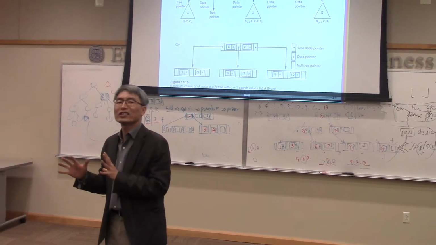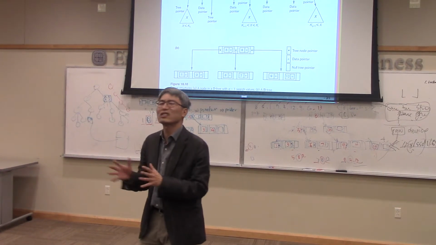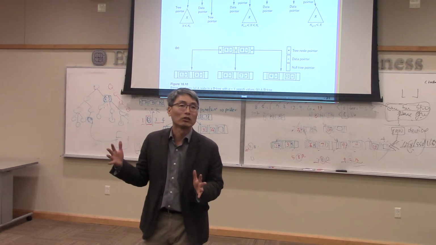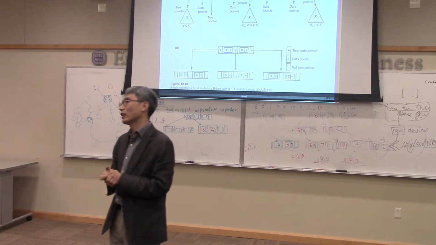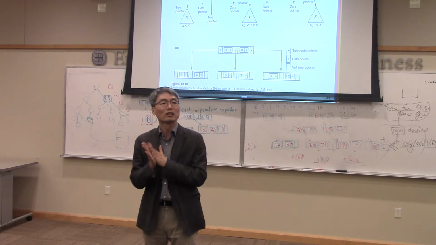And the others, like the binary tree or binary index, are very rare. So most relational databases are using the B plus tree. Okay, any other questions?